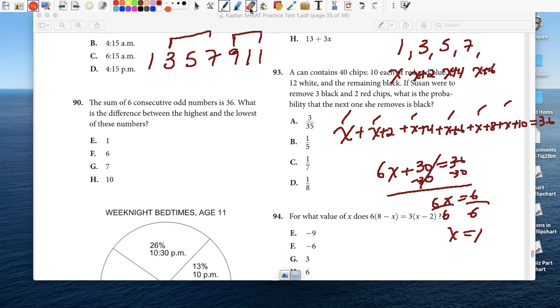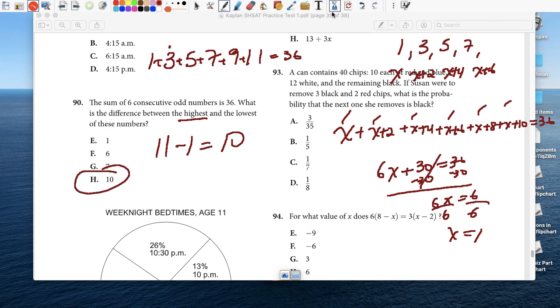This is correct, it does equal 36. But we want the highest, which is 11, and the lowest, which is 1, and we subtract them, and we get 10. Okay, so that's the answer.